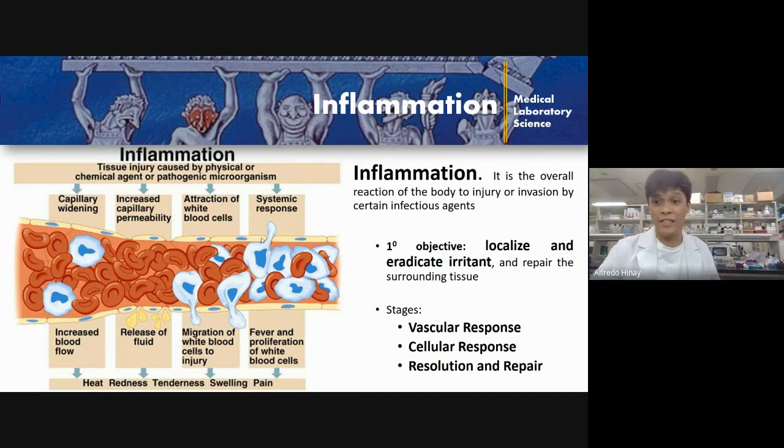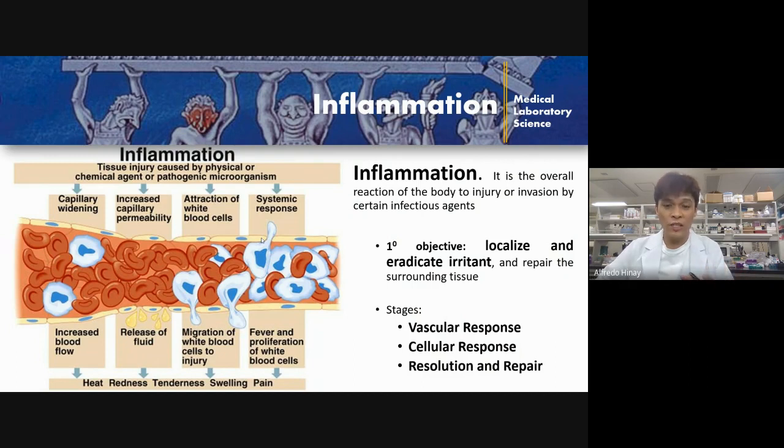So we have 3 stages of your inflammation. You have your vascular response, you have your cellular response, then you have your resolution and repair. These stages will cover the primary objective of your correct inflammation. As I mentioned earlier, dapat sa primary objective ng inflammation mo, you have your localization, eradication of your irritants. This could be a part of your vascular response and cellular response.